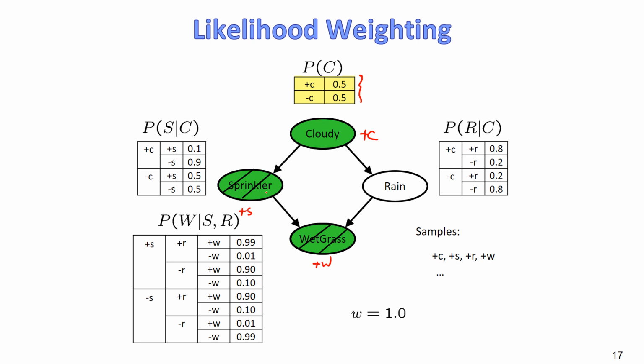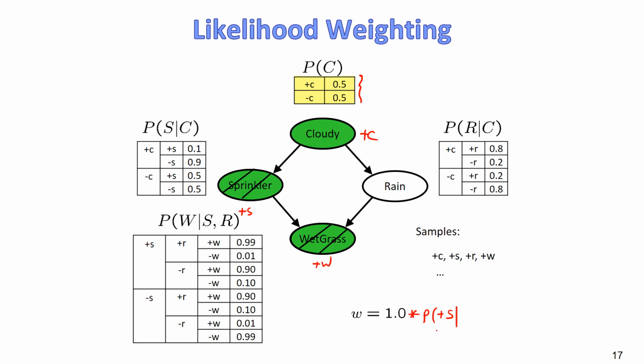We will not sample, but we will multiply by the missing probability. We'll assume that initially the weight of that sample is 1, and then for every observed variable, we will multiply by the probability that was not used for sampling for that variable. What is that probability? It's the probability of the observed value, which is plus S, given its parent.